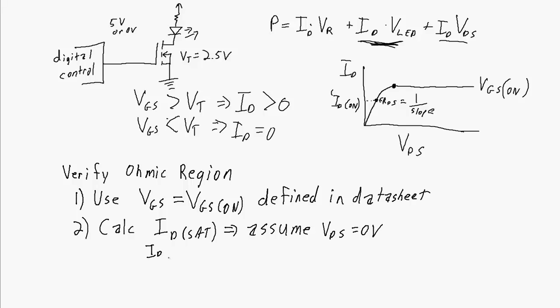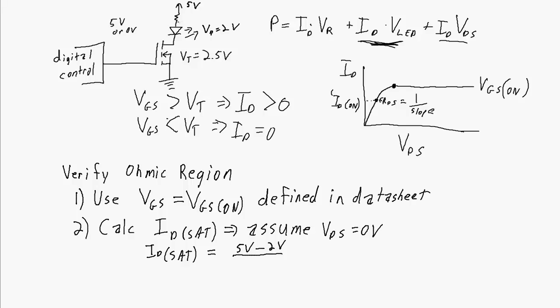So in the circuit there, for ID sat, we're going to need a couple more pieces of information. It's going to be equal to the source voltage here, let's say it's 5 volts. We're going to have to subtract the voltage drop across the diode. Let's say the forward voltage drop across the diode is 2 volts. VDS is 0, so we don't worry about that.